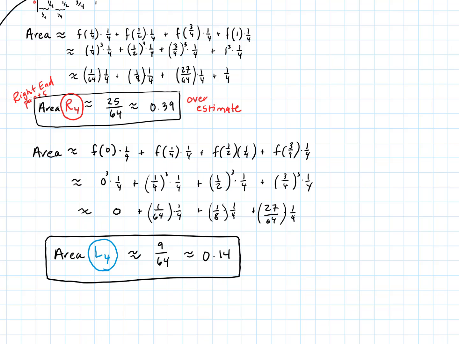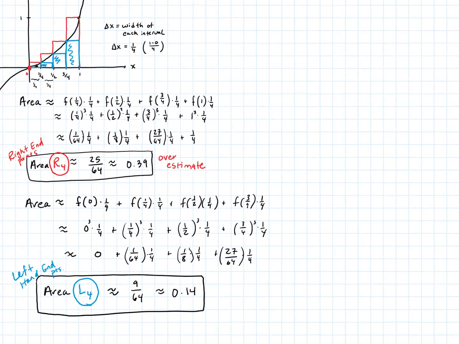And the left-hand endpoints have given me an area of approximately 9/64 or 0.14. Now remember, this was using the left-hand endpoints of each of the intervals.